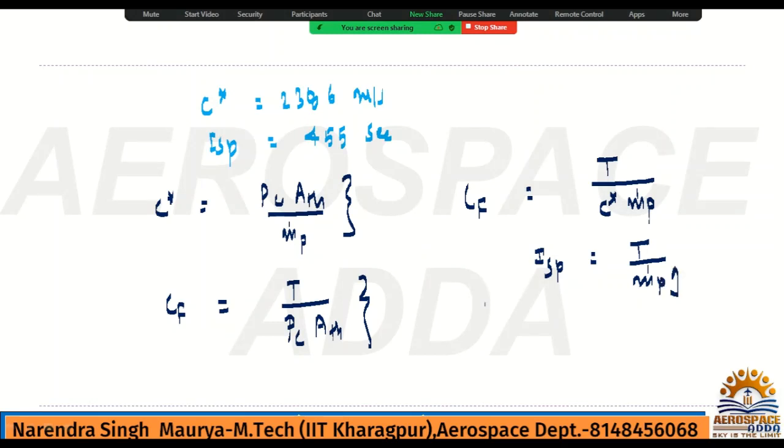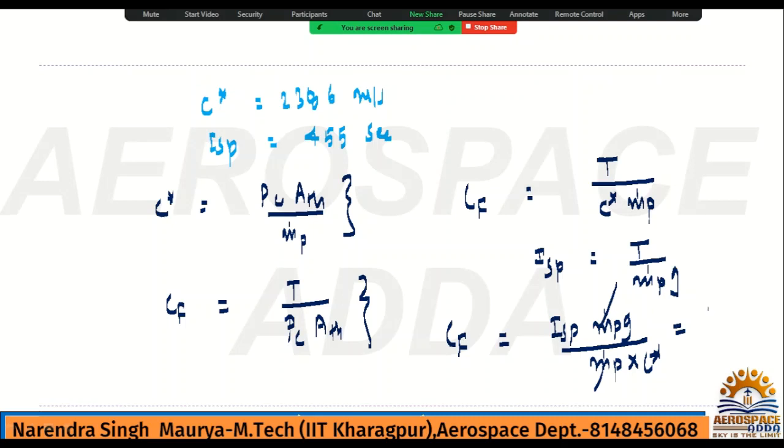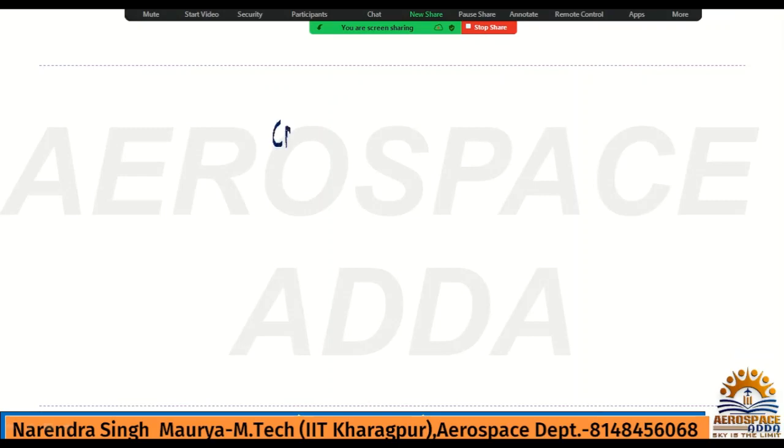Now you replace the T value: T will be ISP M dot P g, divided by M dot P into C star. This M dot P cancels out. You will have ISP g by C star. Done.